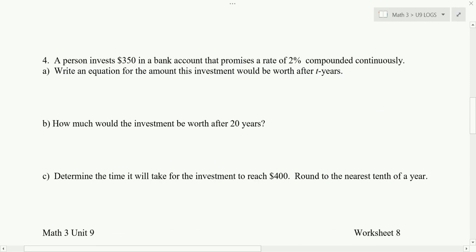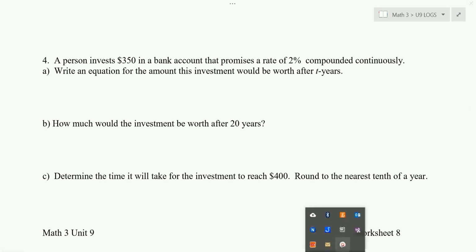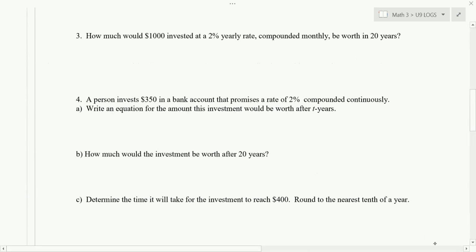Let's look at number 4. A person invests $350 into a bank account that promises a rate of 2% compounded continuously. Write an equation for the amount this investment would be worth after t years. Well, because it says compounded continuously, we actually use a different formula than we did in number 1.